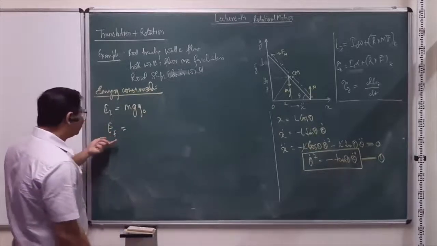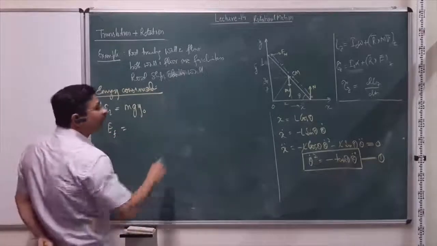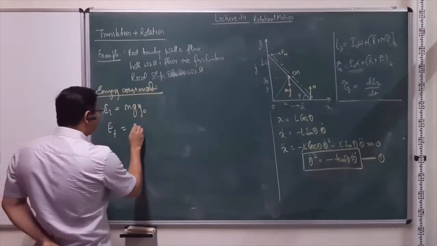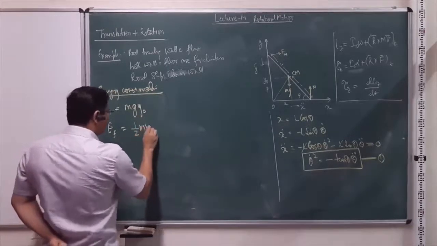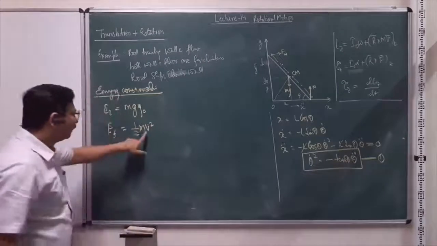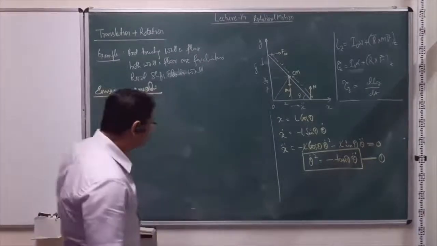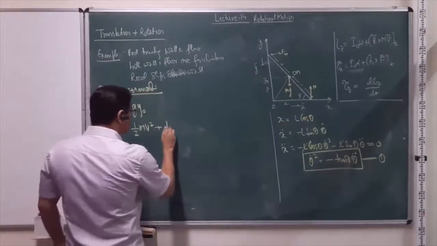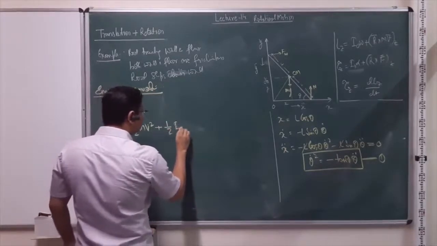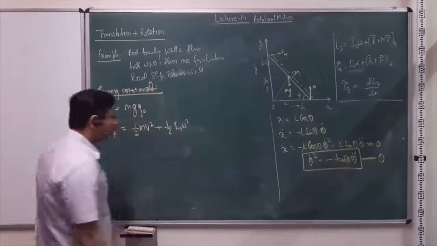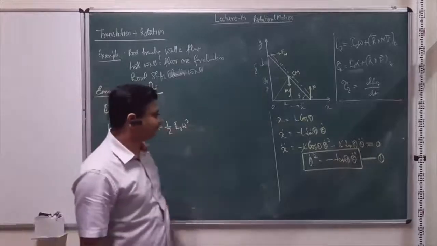So now we can write down the final energy in terms of our energy conservation, and that would be half mv square, where v is the motion of the center of mass, plus half I omega square, which is the rotation about the center of mass.